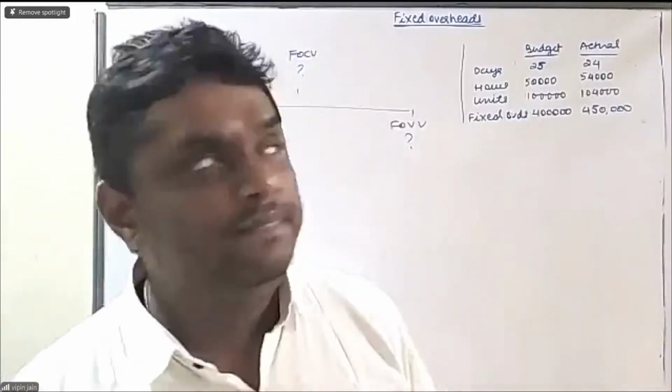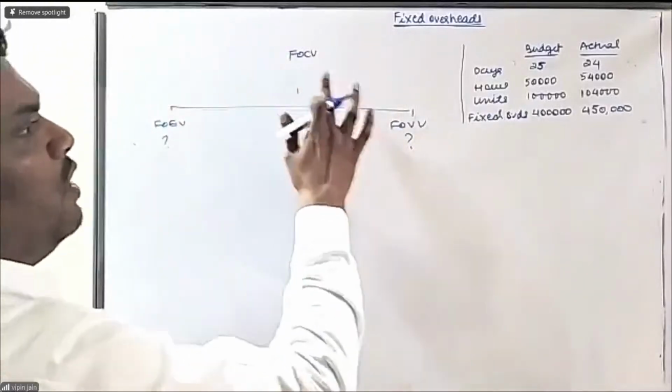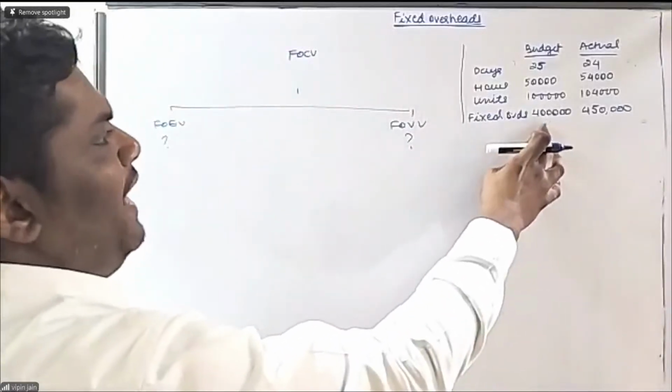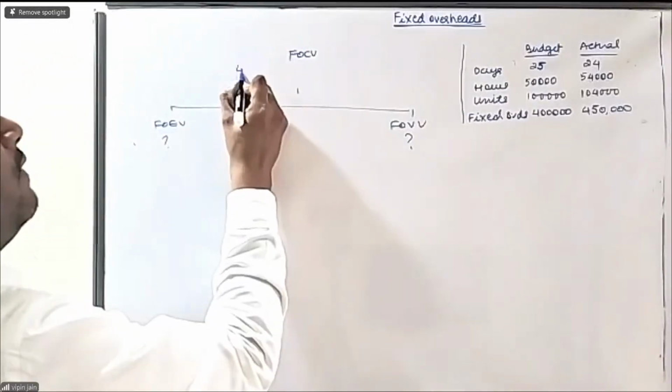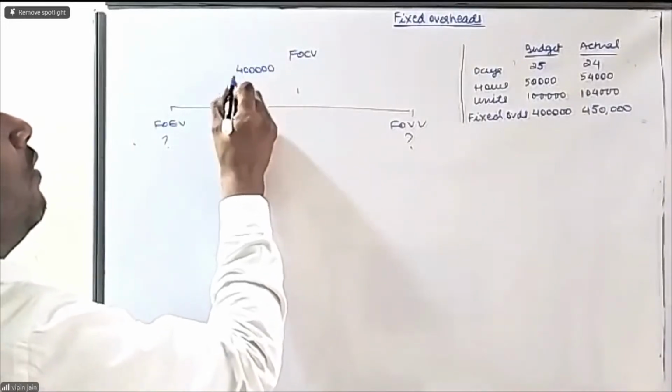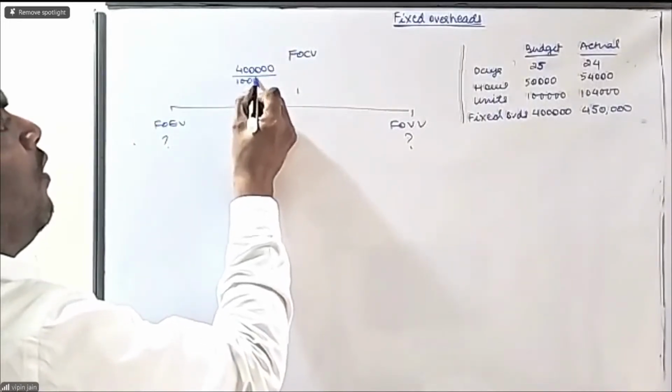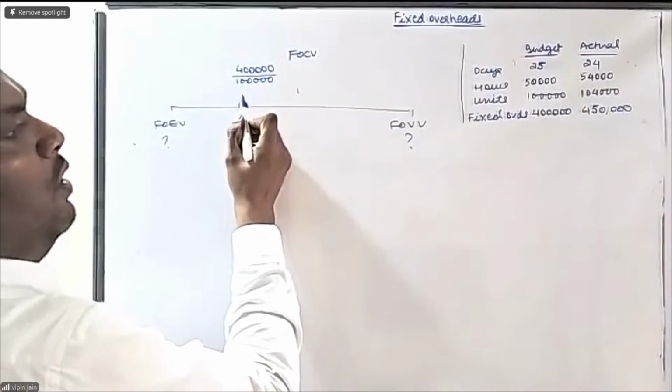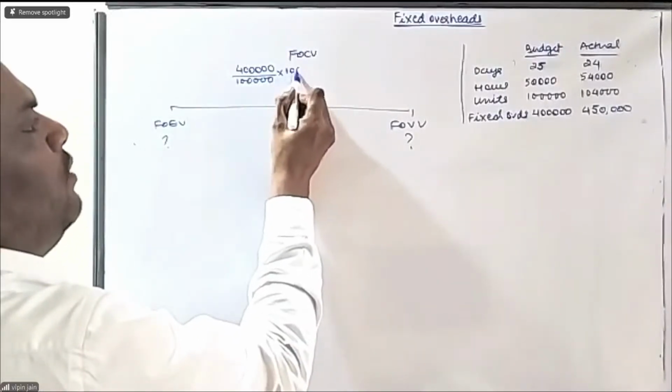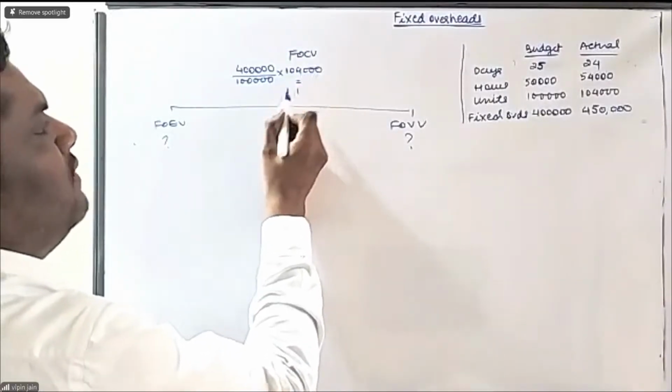Very good, Nayan. So when talking about cost variance, again, very simple. 4 lakh overheads for how many units? So for 1 lakh 4,000, how much should be my expenditure?